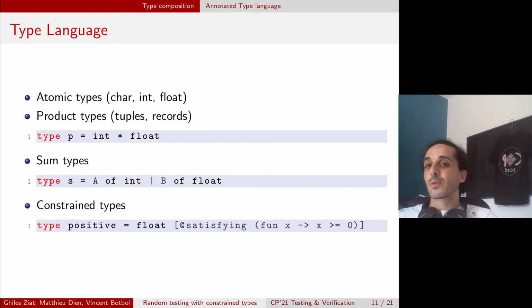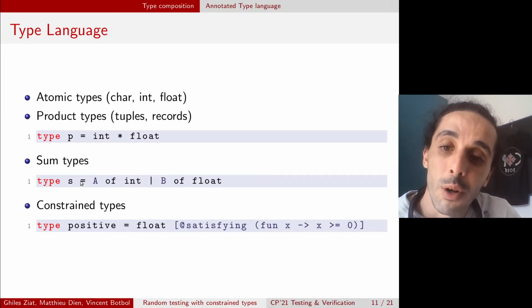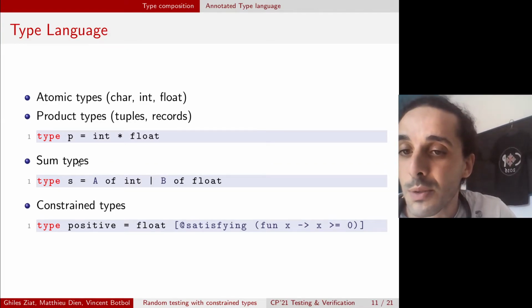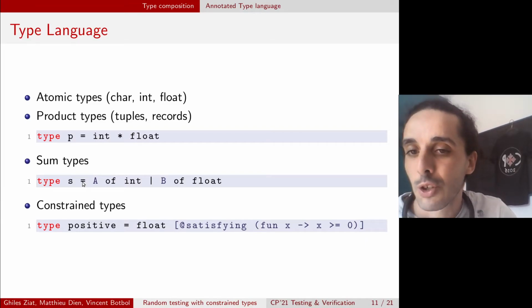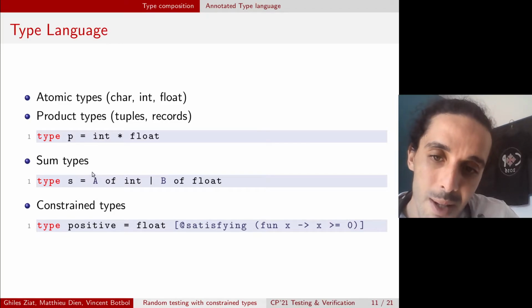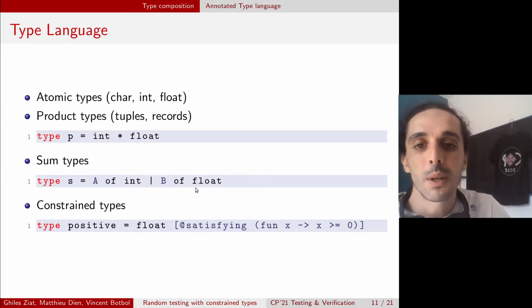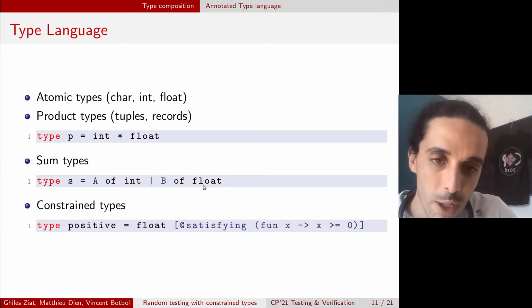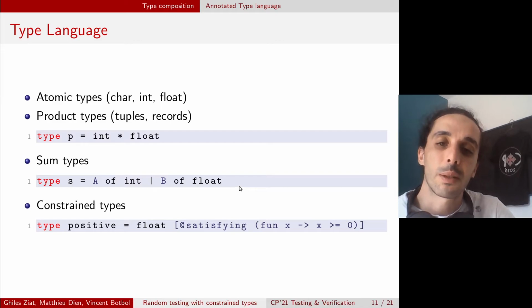We also have sum types. So sum types are somehow equivalent to enumerations in the C language. So here the type S can be either constructed using the constructor A, which takes an integer as a parameter, or the constructor B, which takes a floating point number as a parameter.